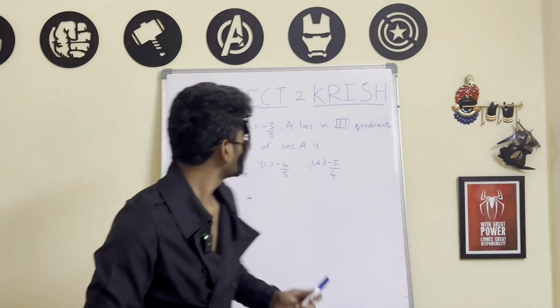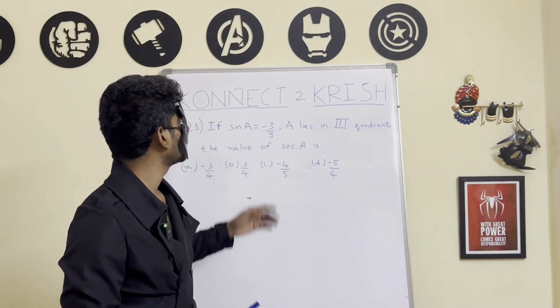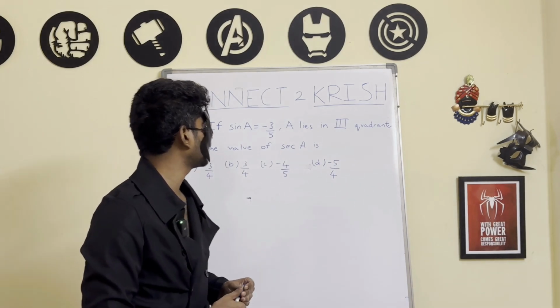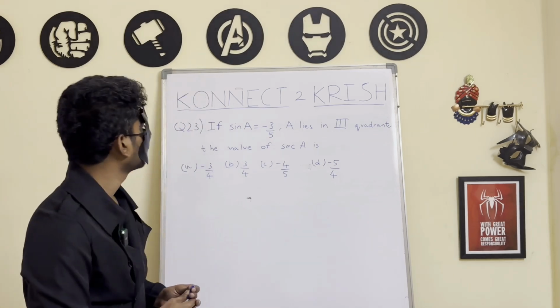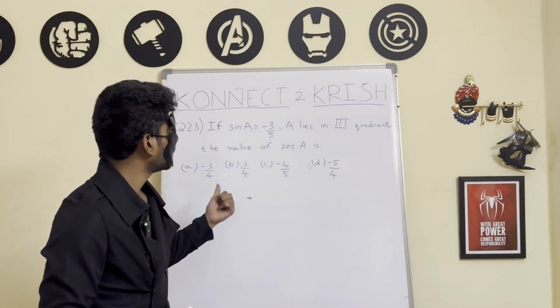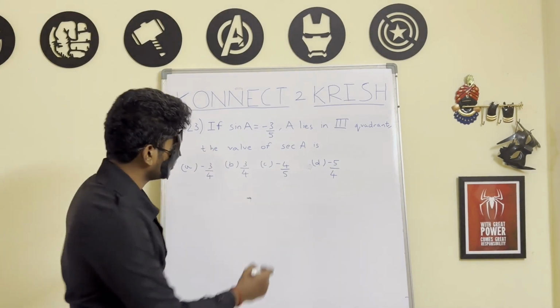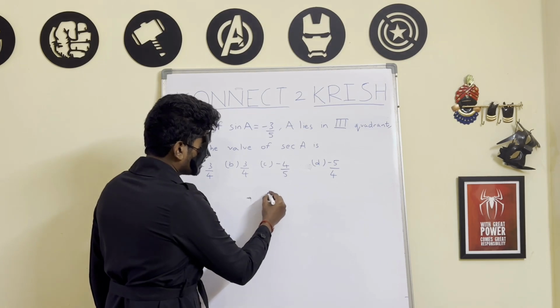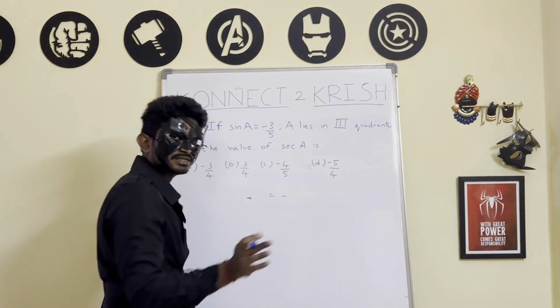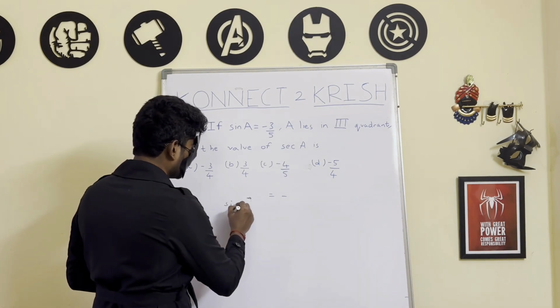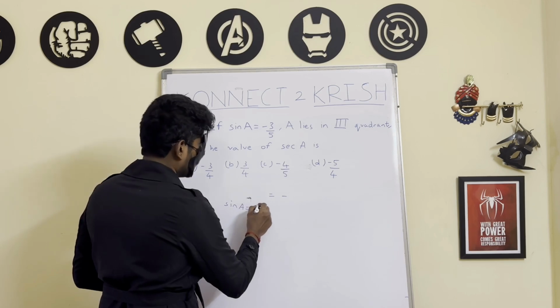So superhumans, next question is, if sin A equal to minus 3 by 5, A lies in third quadrant, the value of secant A is. We all know that in third quadrant secant value is negative, so the answer will obviously be minus of something. But here he has given that sin A is nothing but minus 3 by 5.